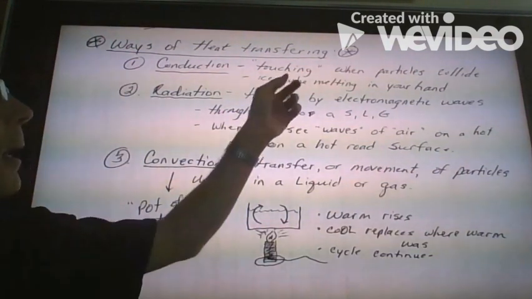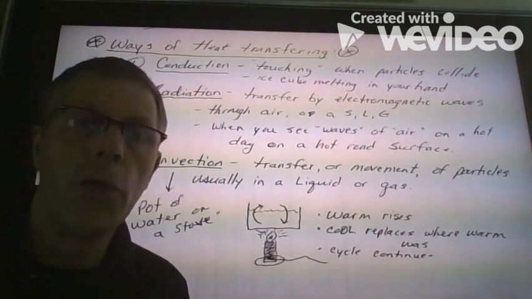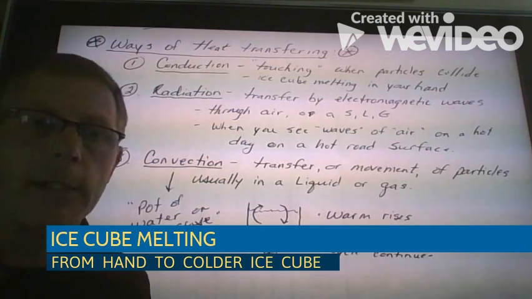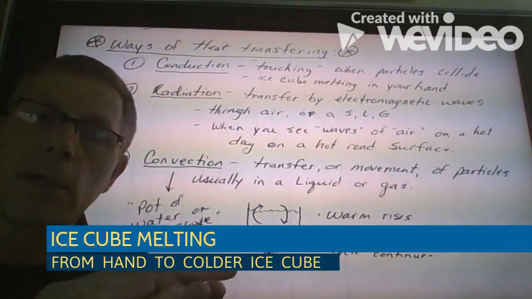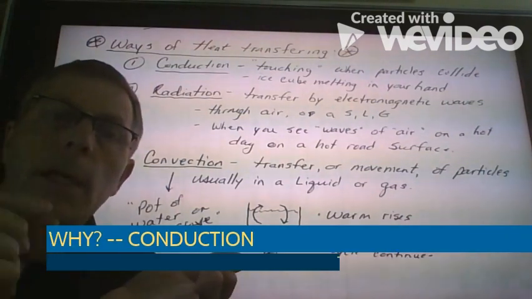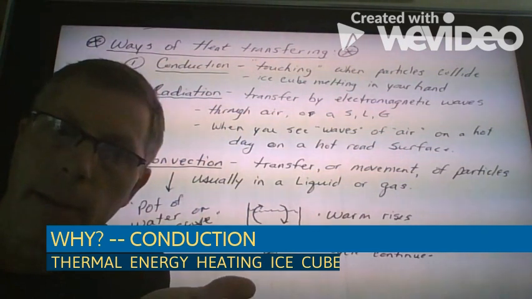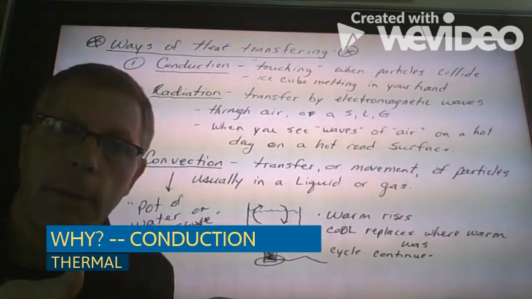An example would be an ice cube melting in your hand. Your warm body is much warmer than that ice cube. So when that ice cube is in the palm of your hand, it starts to melt. Why? Because of conduction. Heat is being transferred. Thermal energy is heating the ice cube.